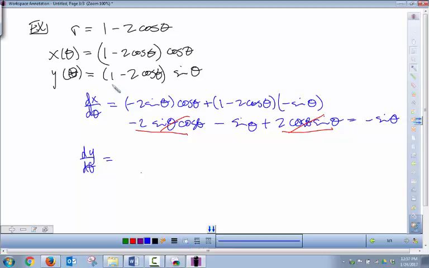All right, now the y is the derivative of the first. I think it's the same. Wait, the derivative of cosine is negative sine, so this should be a positive, right? You guys didn't catch that?